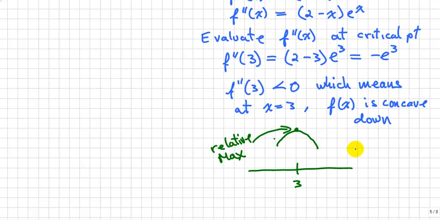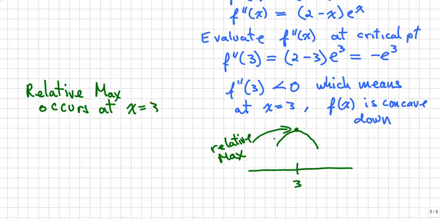So we get a relative max, and it occurs at x equals 3. And the relative max, remember, the maximum is the value of the function. So if we evaluate the original function at 3, that'll be the relative max.